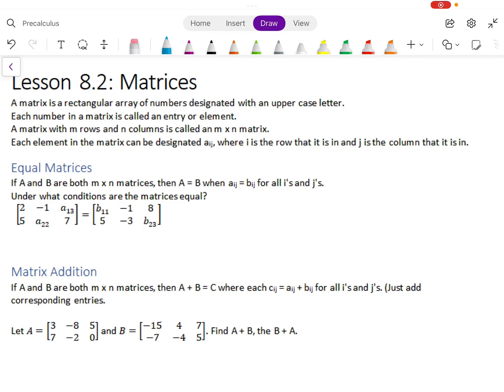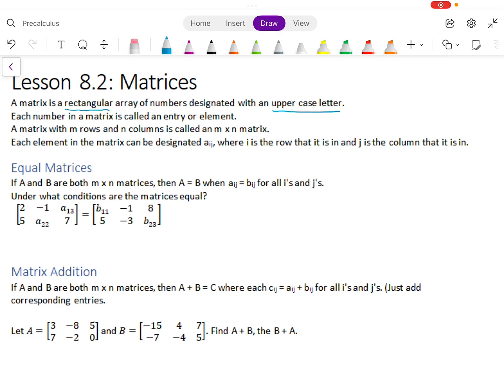In lesson 8.2, we discussed an introduction to matrices, some terms involving them, and some of the basic or elementary operations. A matrix is a rectangular array of numbers designated with an uppercase letter. So we're going to name matrices with capital letters.